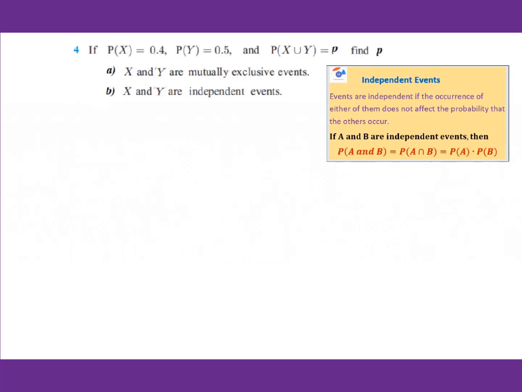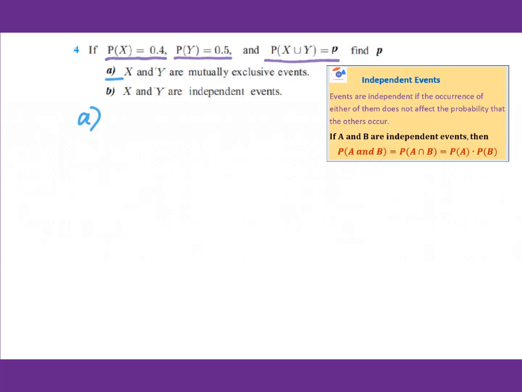Now let's go to number 4. If the probability of X equals 0.4 and the probability of Y equals 0.5, and the probability of X or Y equals P, find P in these two conditions. A. X and Y are mutually exclusive events.